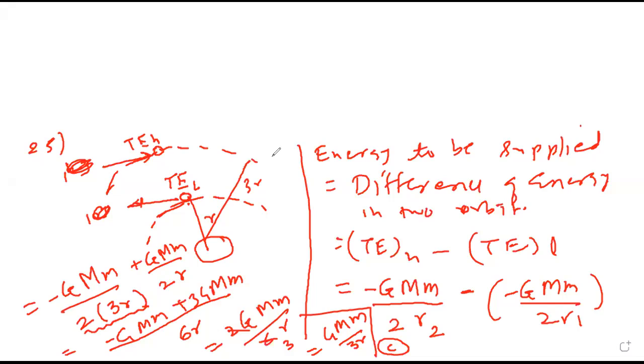Sum number 26. A satellite with mass of 500 kg is in circular orbit at an altitude, that means height, equal to the radius. Because of air friction, the satellite is eventually brought to rest, brought to the earth surface.